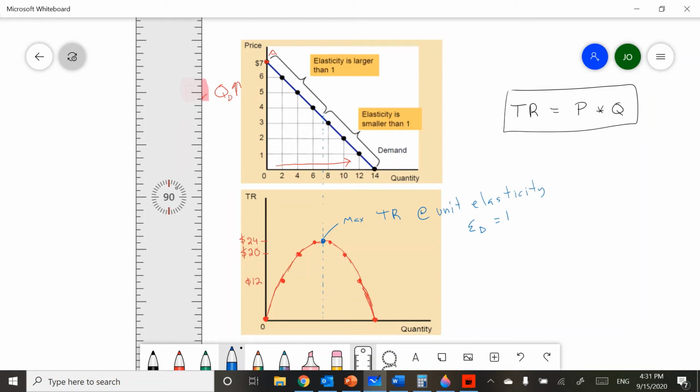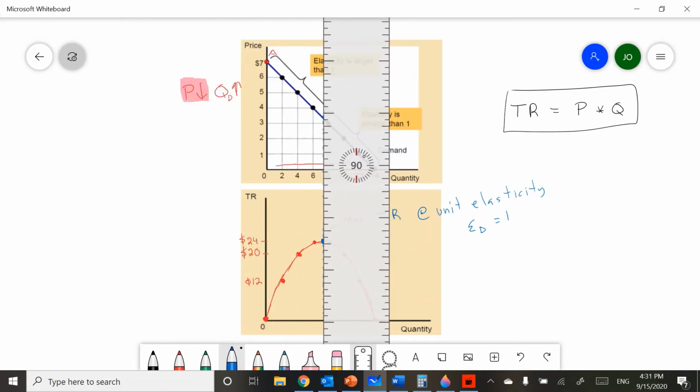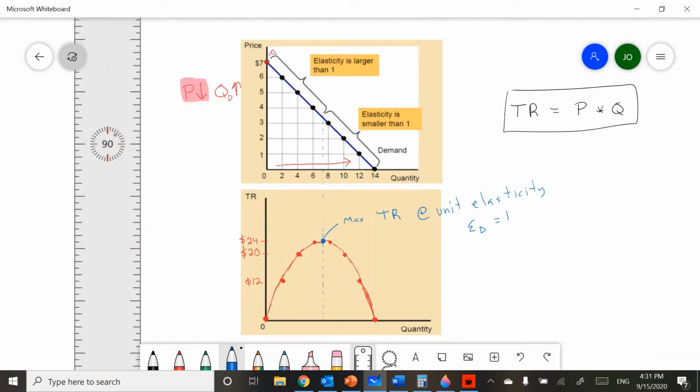Now notice, the left side of the total revenue curve is on the side of about 7.5 and below, which coincides with an elasticity larger than 1.